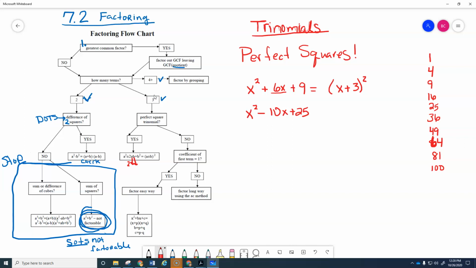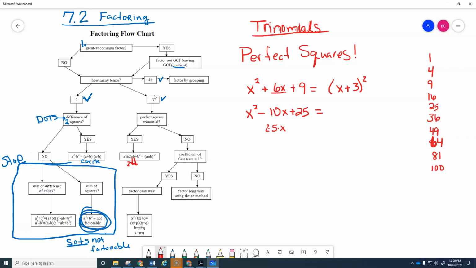Is it a perfect square? This is a perfect square. This is a perfect square. And this right here is the root of this one, x, times the root of that one, 5, times 2. 2 times a times b. The root doubled. You with me? So that's how I know that's a perfect square.